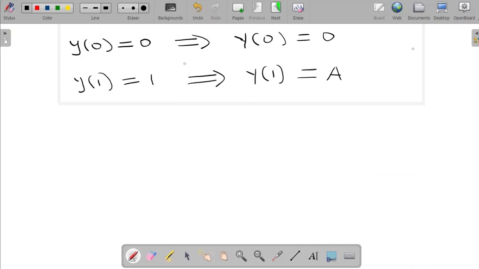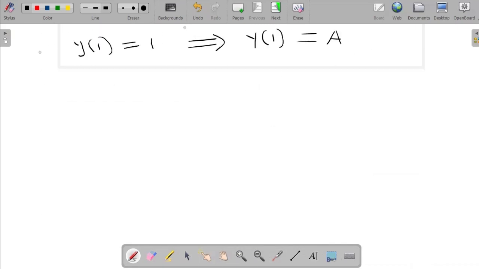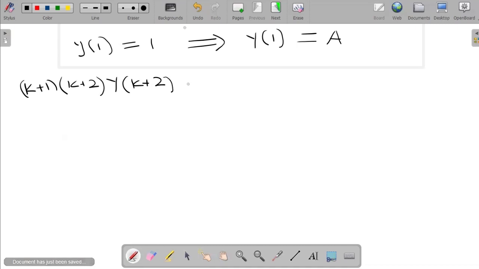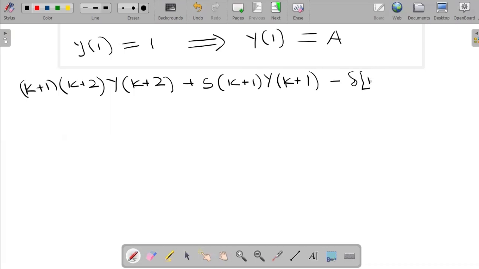Substituting that, we have (k+1)(k+2)y_{k+2} plus (k+1)y_{k+1} minus the Kronecker delta of k comma 0.